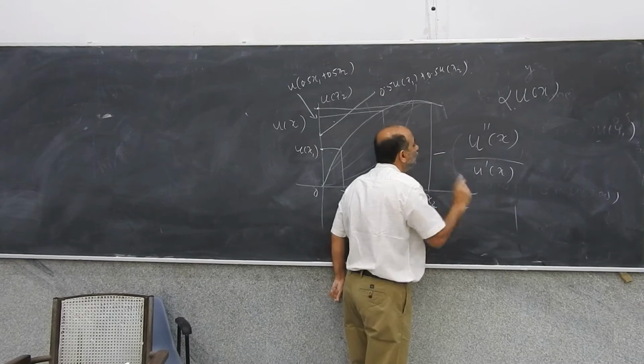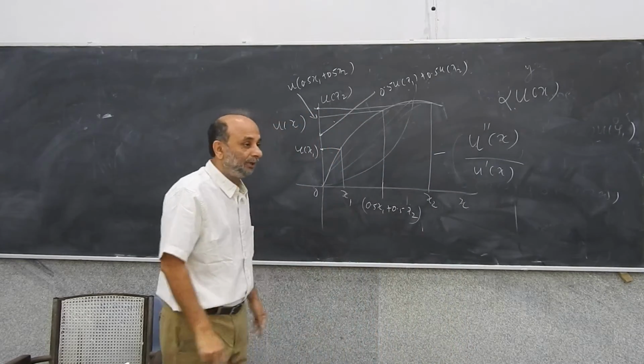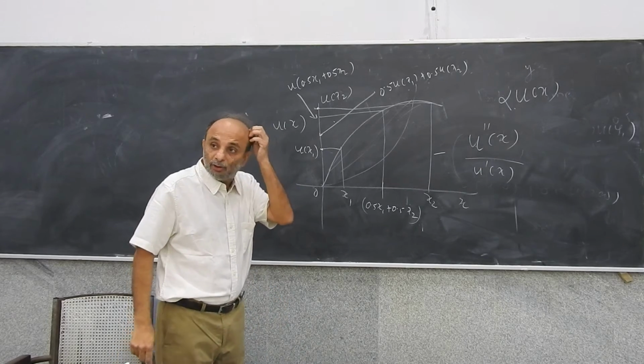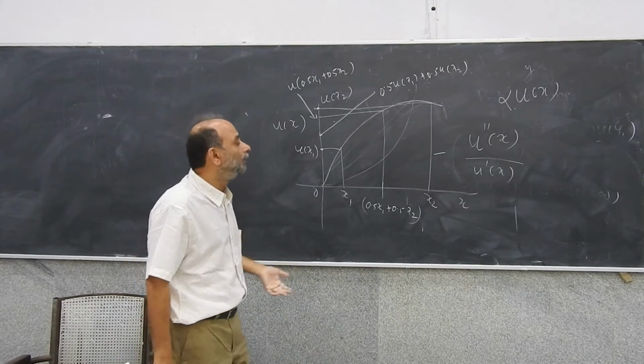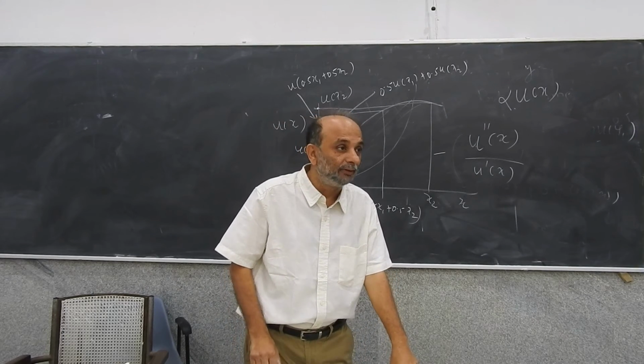So to make it positive, we put a minus here. So minus of u double dash of x by u dash of x is what is called a measure of risk aversion.